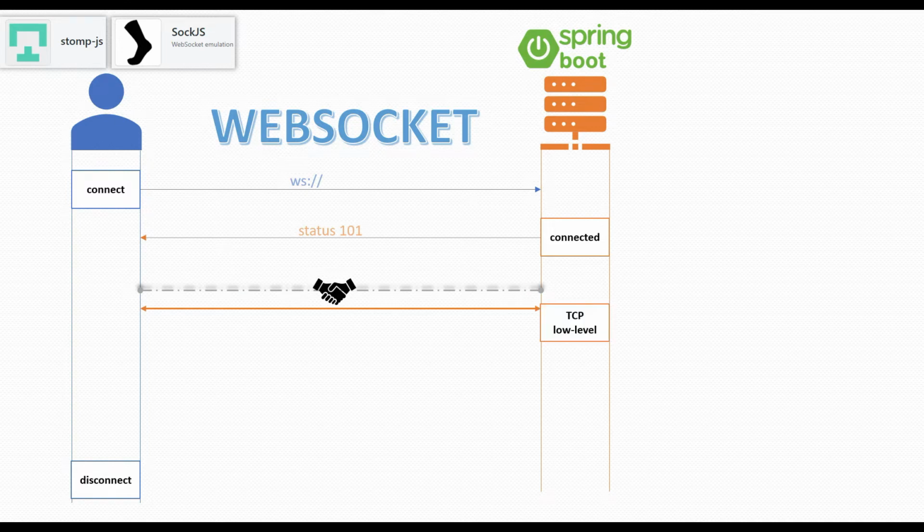When WebSocket transmits messages, they are transmitted in the form of frames. A frame is nothing but a message. A message can be in binary format or in text format. But a frame contains only a message, and that too on the low level.